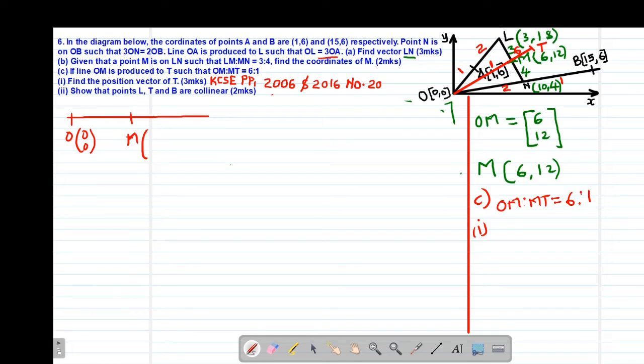We have already found the coordinate of M, which was 6, 12. Then we have T outside here, whose coordinates are not known.